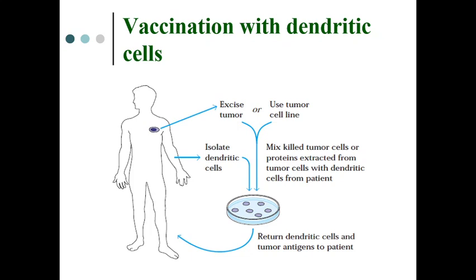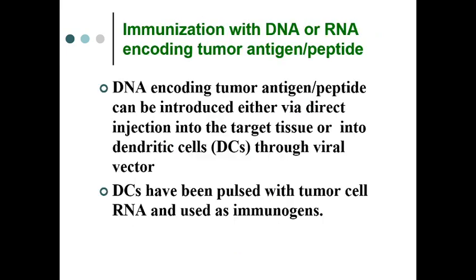The dendritic cells can be harvested from the patient suffering from the cancer. They can be cultured in vitro, and when they are being cultured, at that time they are pulsed with the DNA or RNA, which is responsible for expression of those particular tumor antigens.